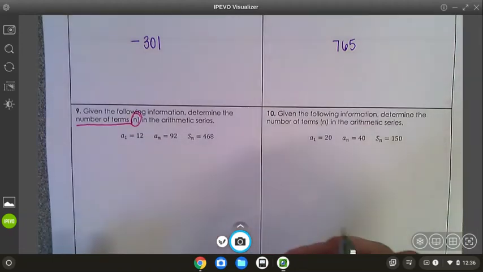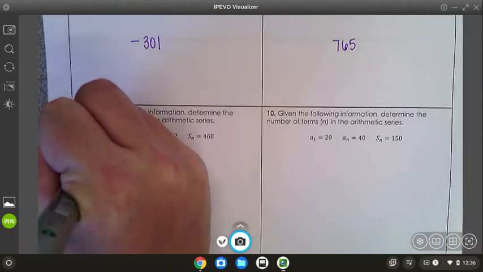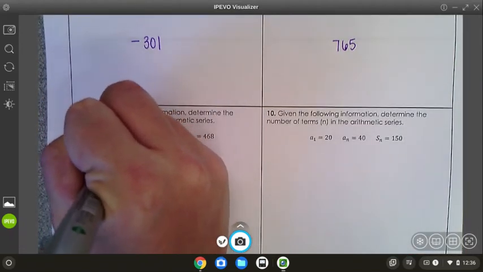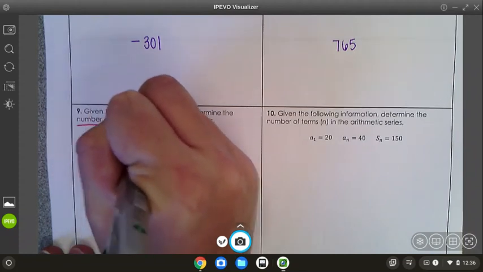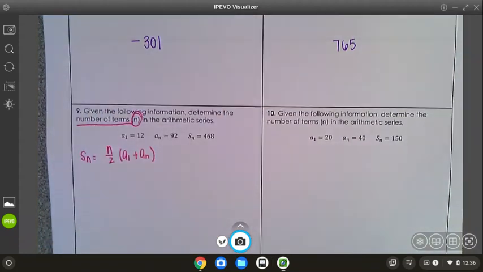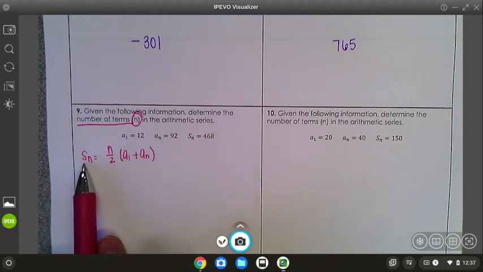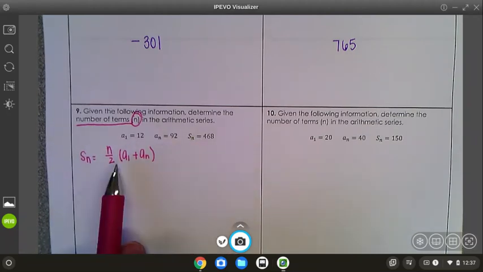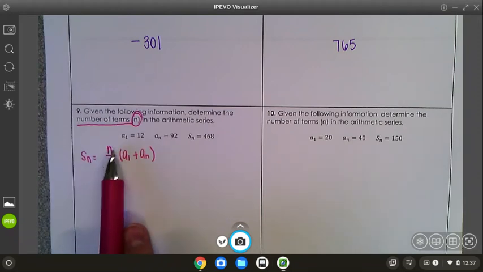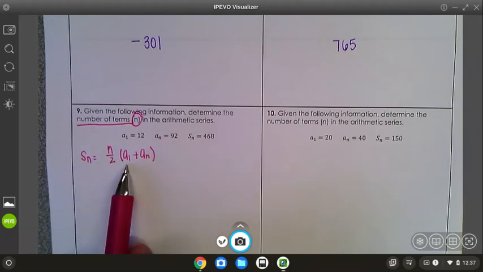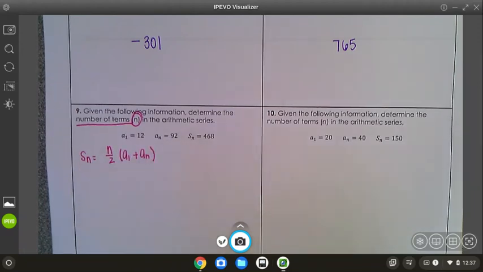So let's look back. Our formula: Sn equals n over 2 times a1 plus an. So let's see what we have. We have Sn. We do not have n. That's what we're finding. We have a1 and we have an.